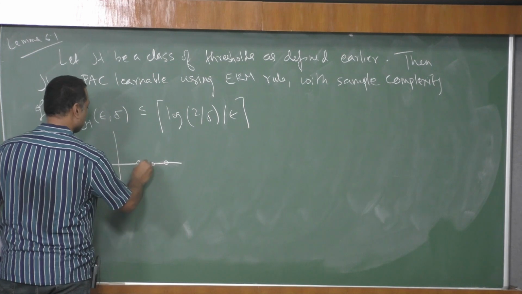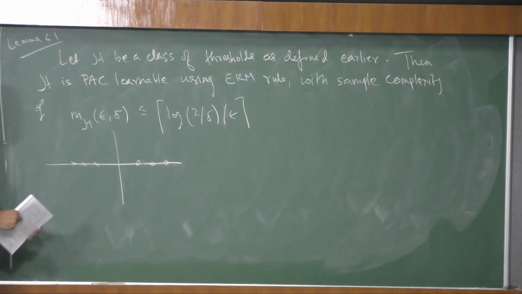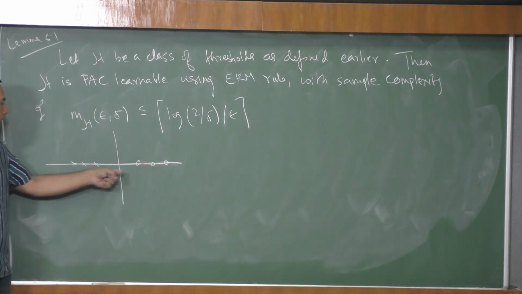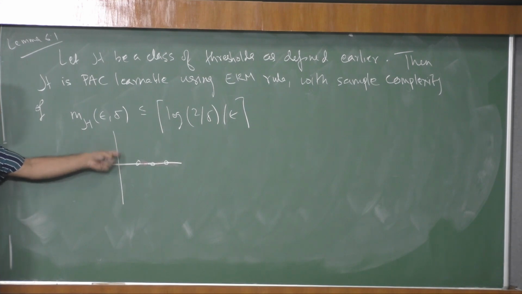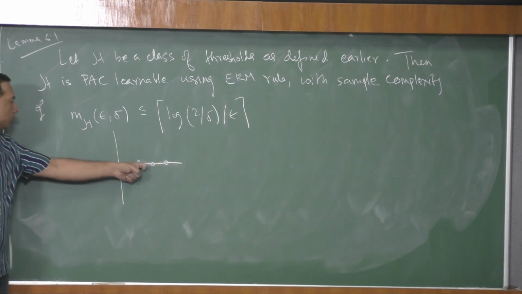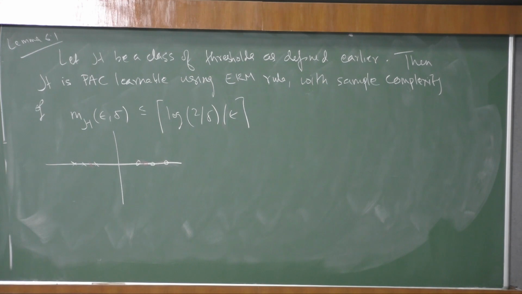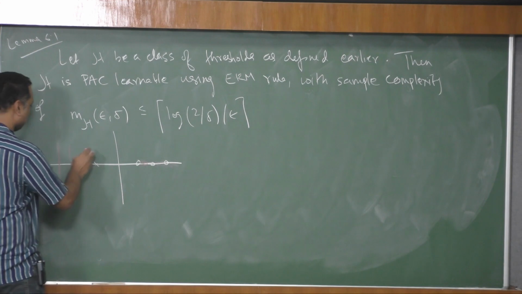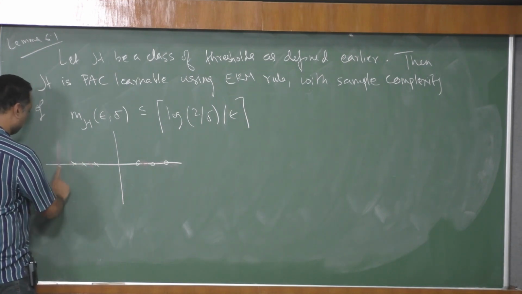Some test point can be somewhere here. Based on its value, the threshold function that you have learned will say that you must be this class because you are taking values on that side of the line. So this is the problem we have, and the set of classifiers we are allowed could be any of these, right? That's what h_a means.